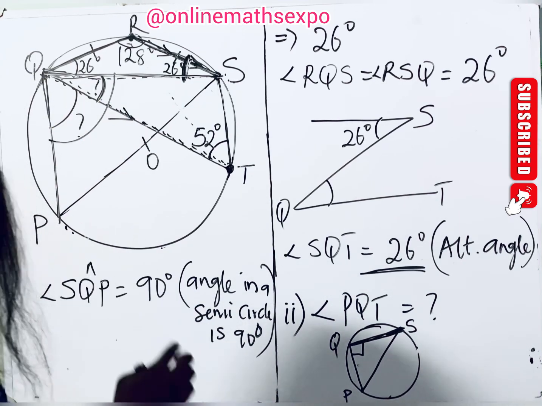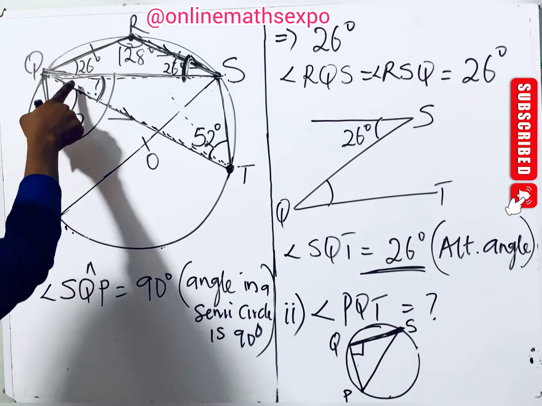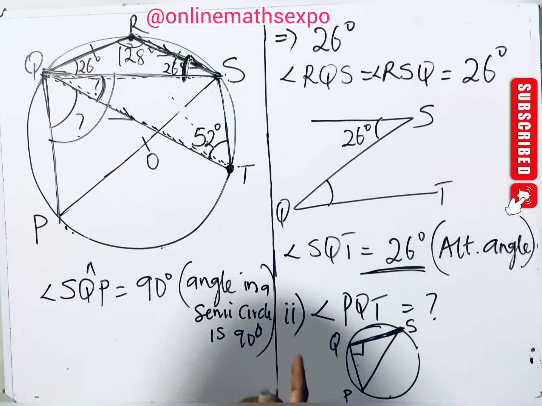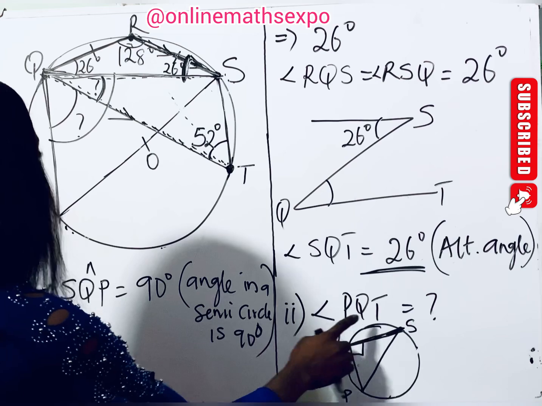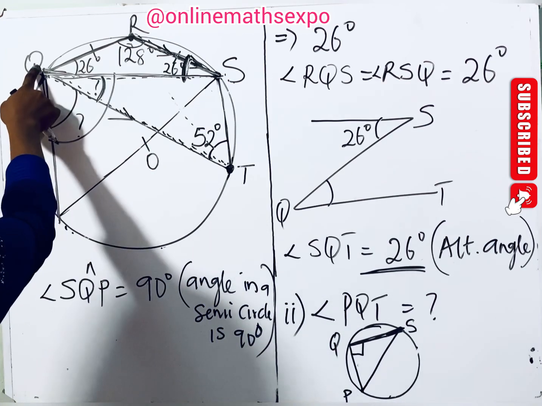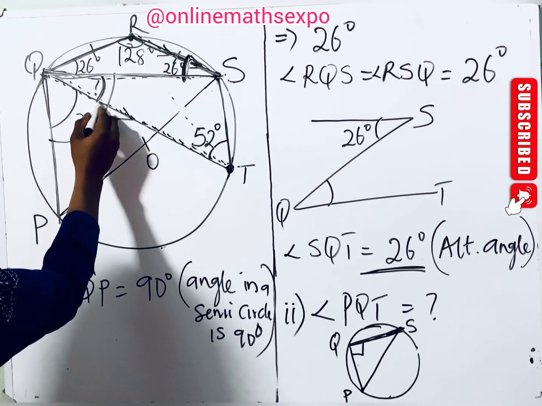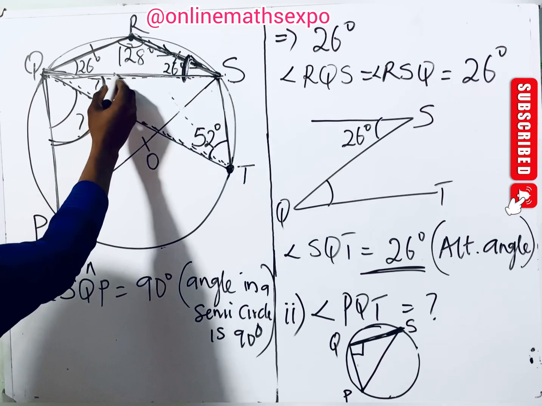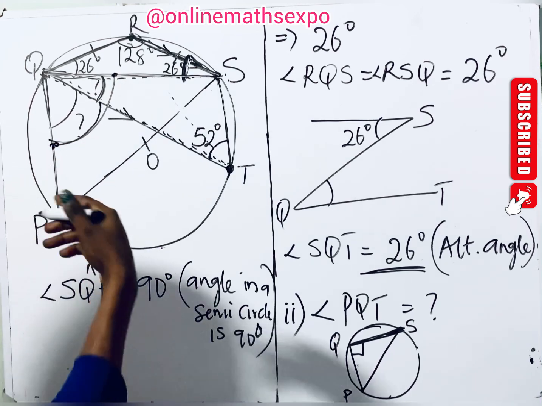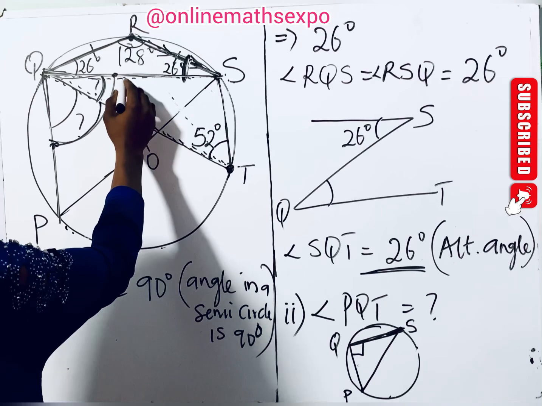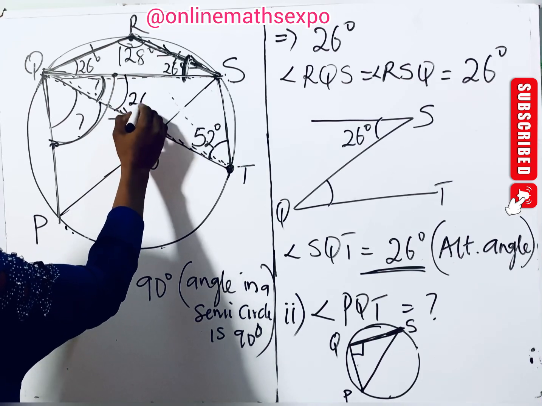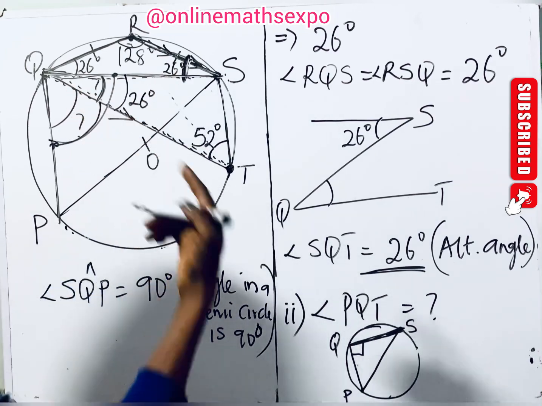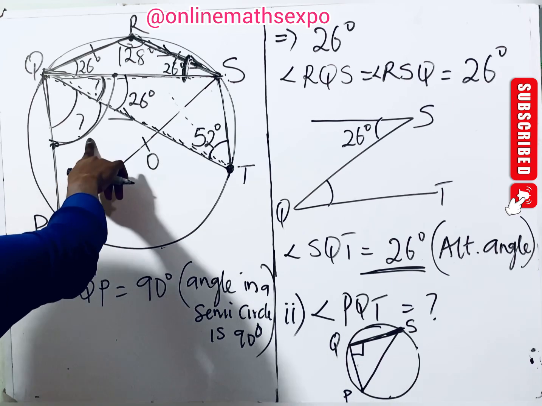So having known that this angle here is 90, to get what we are looking for, remember we want to find PQT. This is P, this is Q, this is T. So since this is what you are looking for, and the total from here to here is 90, and you have gotten this part to be 26 from what we have here, we can easily find this missing one. So what will you do?